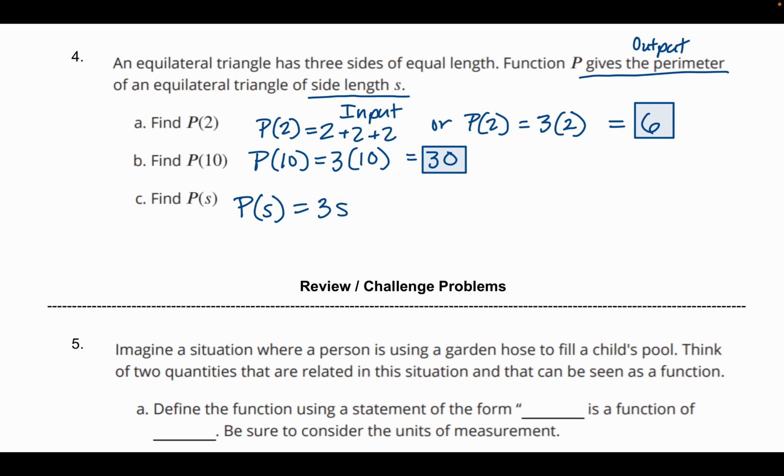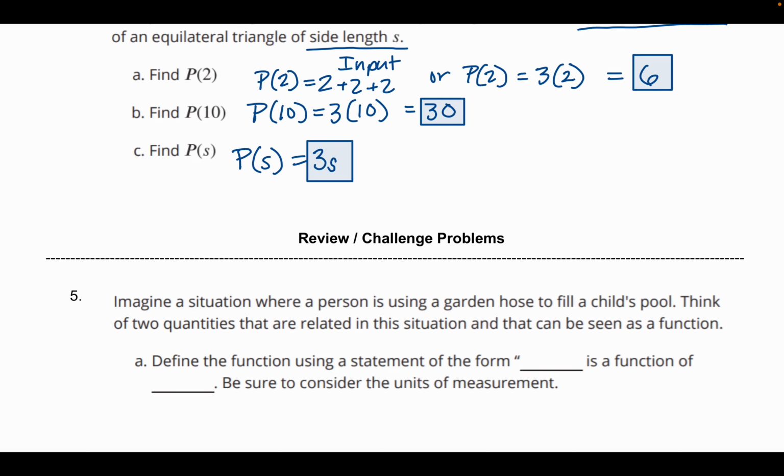And that is actually my whole answer. That kind of looks like a 5, because sometimes I write my 5s a little funky. So let's make sure that says 3s. There we go. And so that would be my output value when the input is s.